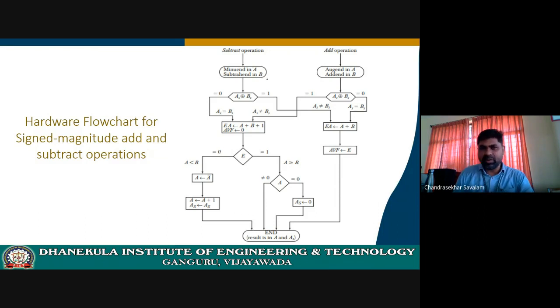This is exclusively to implement hardware in sign magnitude representation. How are you going to implement the hardware? We have studied the algorithms for addition and subtraction separately.